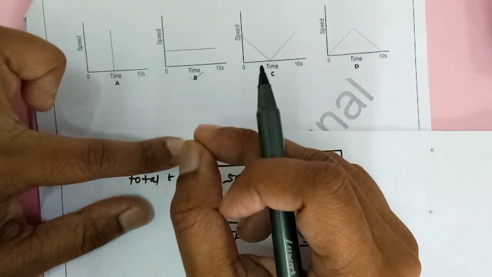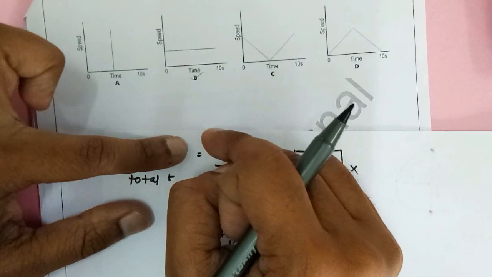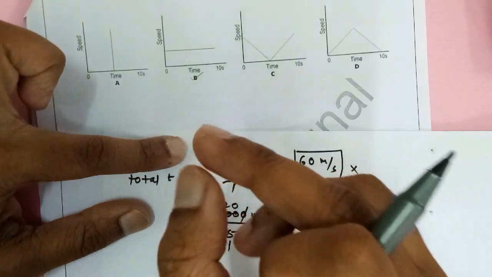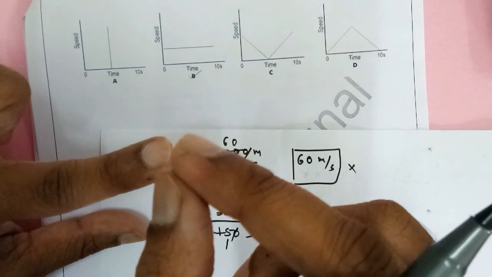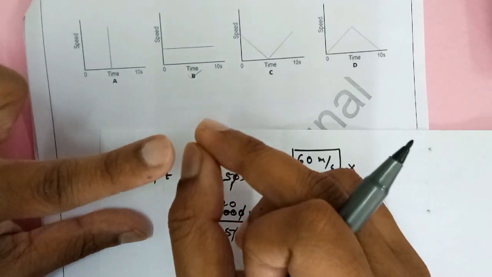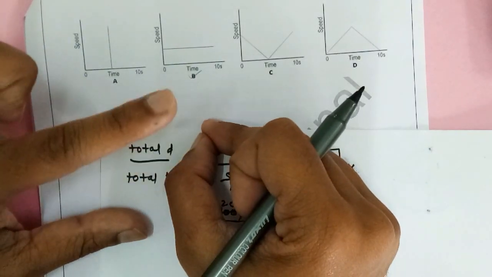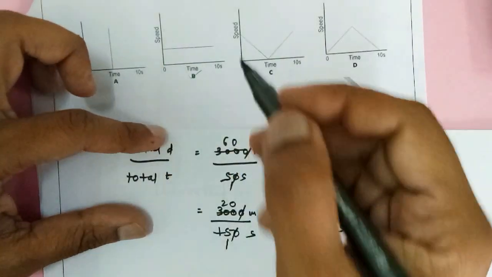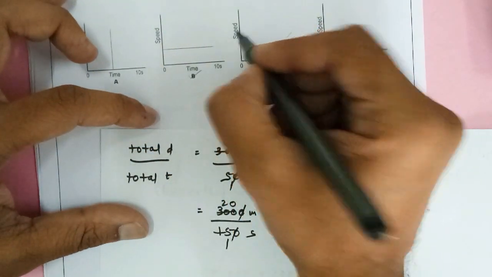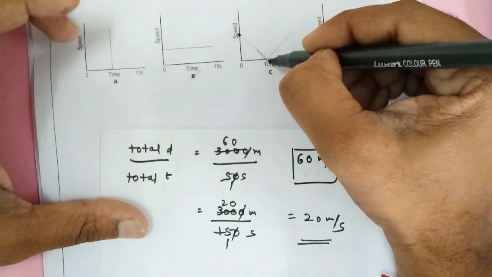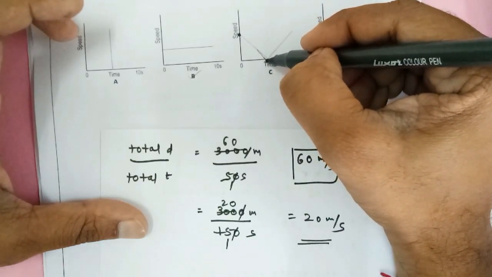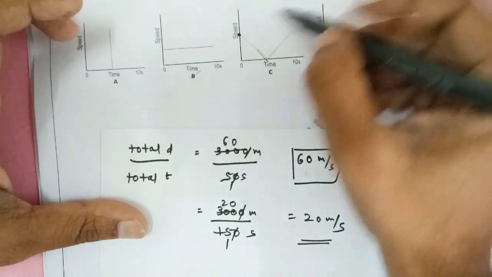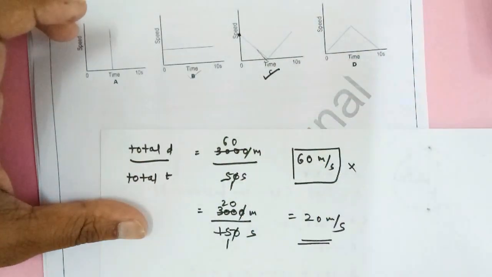When you are throwing, at that point the speed is maximum, then the speed decreases, and finally the ball stops, that is the maximum height point. And from there again it falls down, speed increases and becomes maximum when it reaches your hand. So option C is the correct answer.